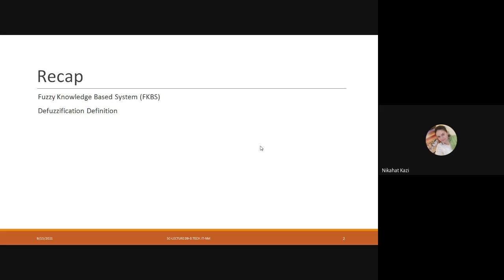What are the components of a fuzzy knowledge based system? What are the blocks of a fuzzy knowledge based system?